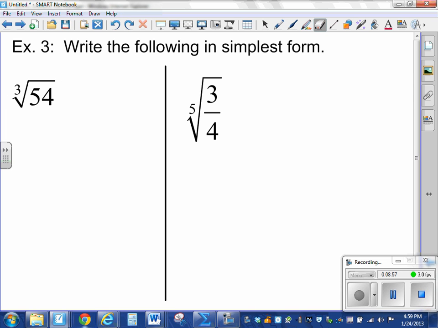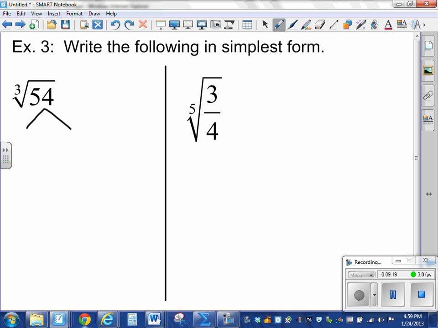So the properties don't really fall into place here. So basically all you need to do here is find the cube root of 54. Now, if you have a hard time knowing what the cube root of 54 is just off the top of your head, what you can do is a factor tree. So this is an alternative way of doing this.